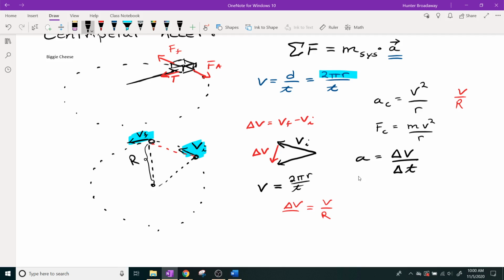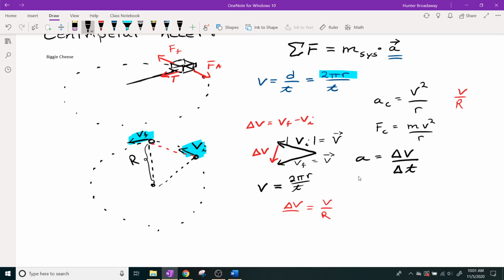Totally true. The VI and the VF are always the same thing. So this VI right here, whenever we're talking about the difference between two velocities in calculating the delta V, this VI and this VF are the exact same thing. So we could just end up saying that VI is equal to V, like the actual velocity. And we could also say that the VF, whenever we're finished, is also equal to V as well. Okay?